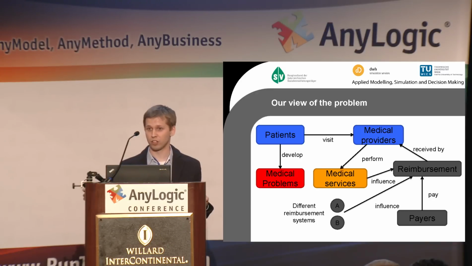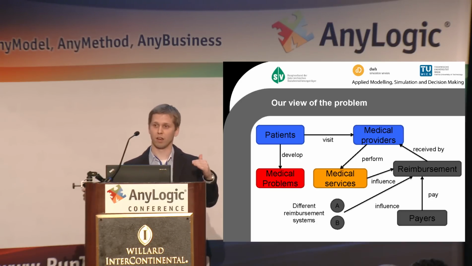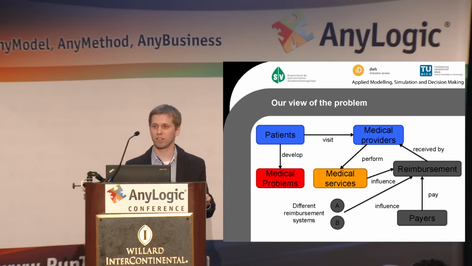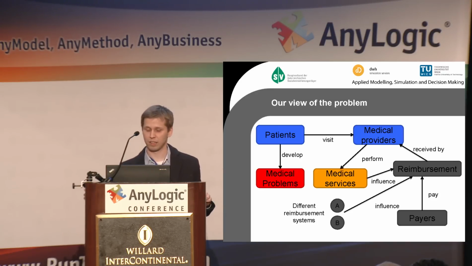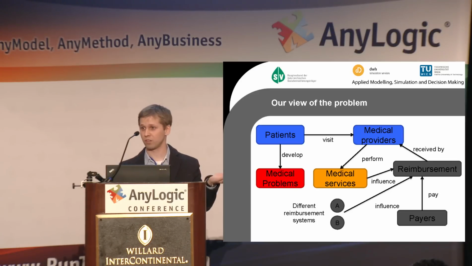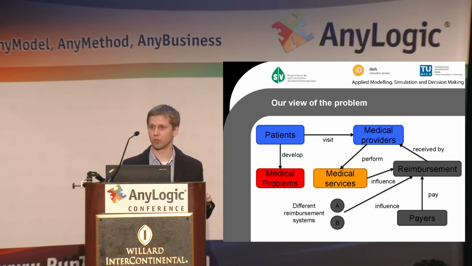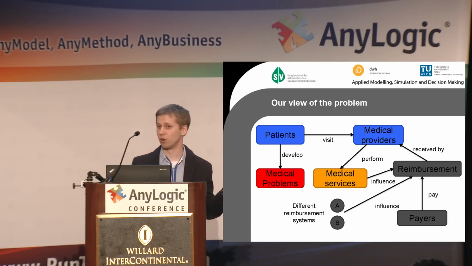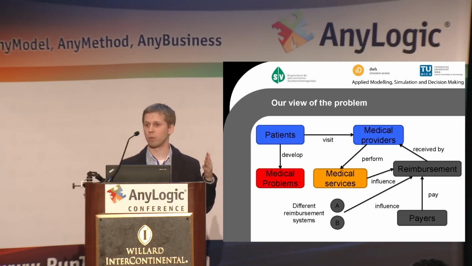Of course there are patients, because in the database from the social insurance, there are reimbursement claims of every patient. It's not linked to their names, of course, because of privacy reasons, but it's linked to single patients, all the different claims from drugs, services, and also the hospital data. On the other hand, we have the medical providers, because we also know from the data at which medical providers the services were performed.